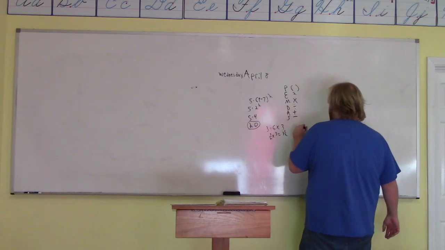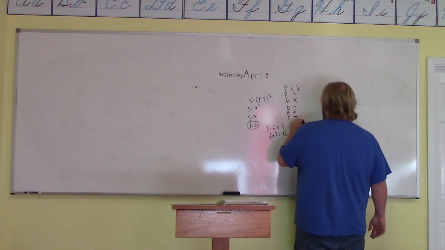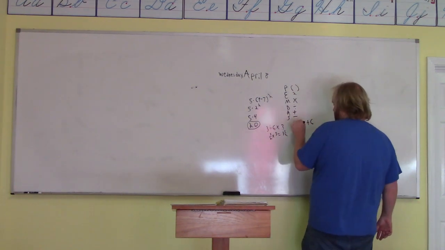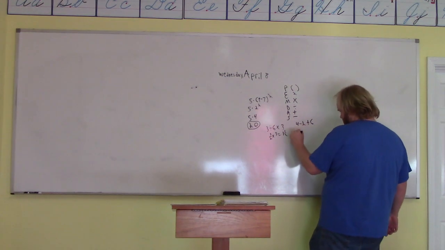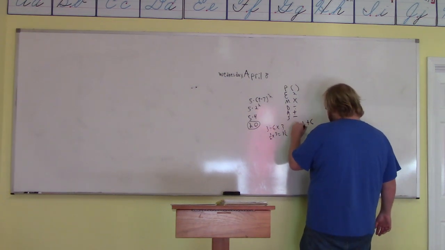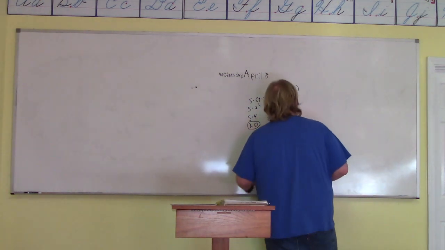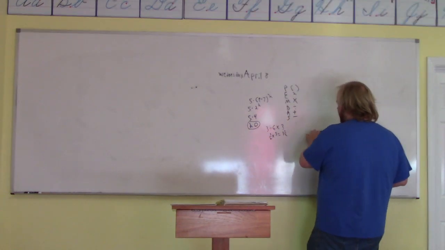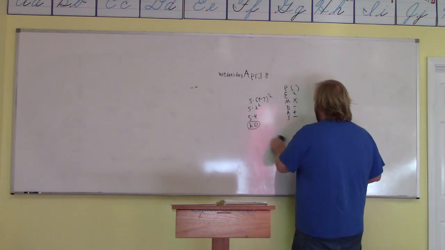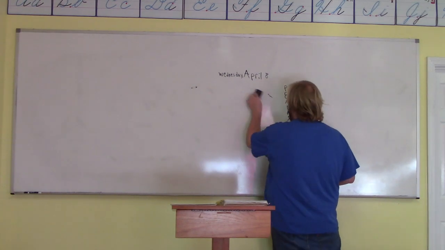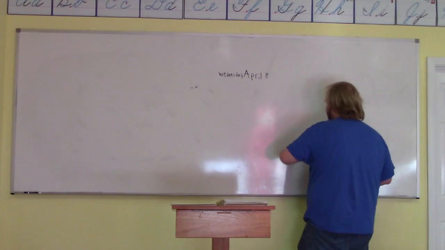Same thing if you had addition and subtraction, like if you had 4 minus 2 plus 6, you just go in order, left to right. So it would be 2 plus 6, 8. That's the only time that breaks that rule, if you have only multiplication and division, or only addition and subtraction. It's the only time that rule is broken.